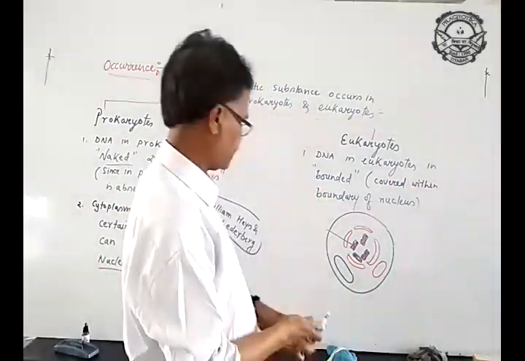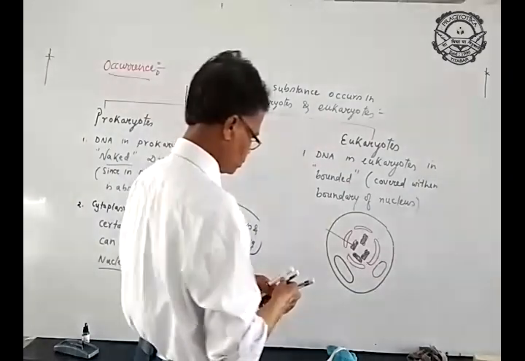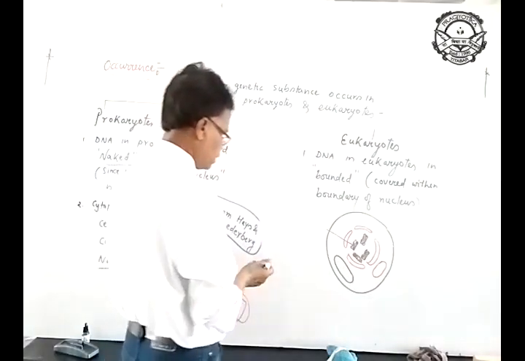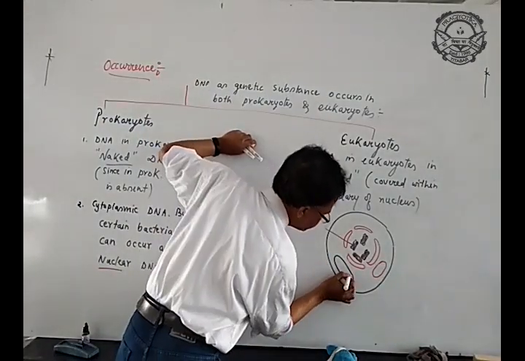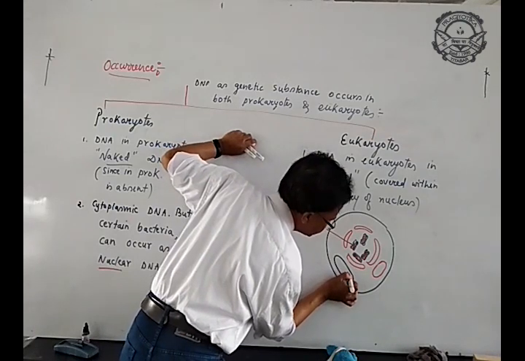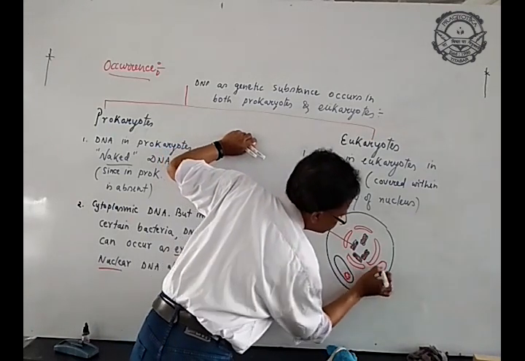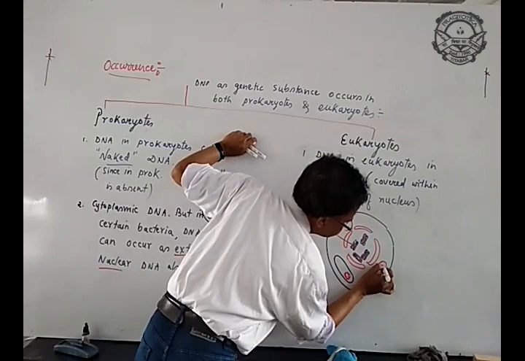Extranuclear DNA, in subcellular organelles, is found like in prokaryotes. It is circular DNA.